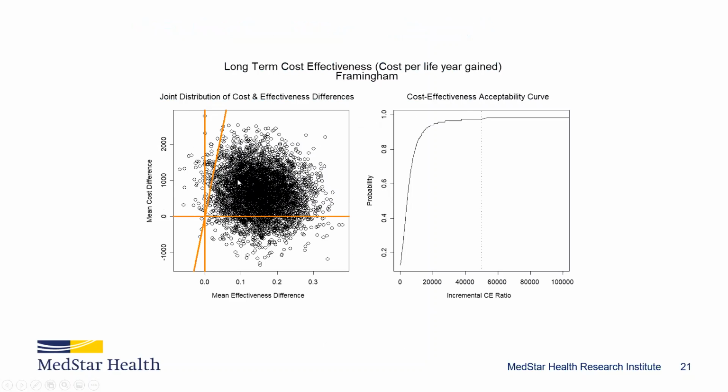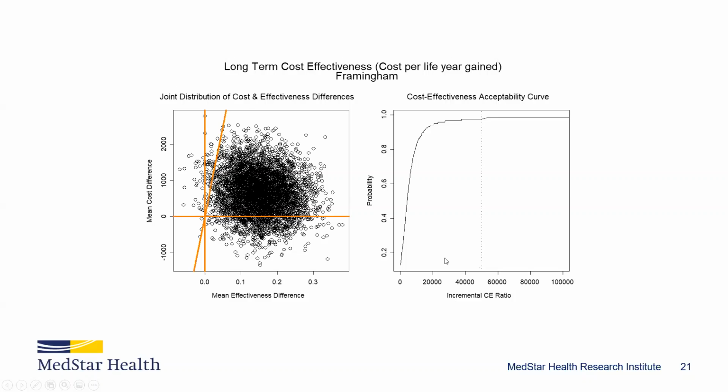And so, for example, the cost effectiveness plane that we looked at, its corresponding cost effectiveness acceptability curve is plotted as a probability against the willingness to pay threshold.